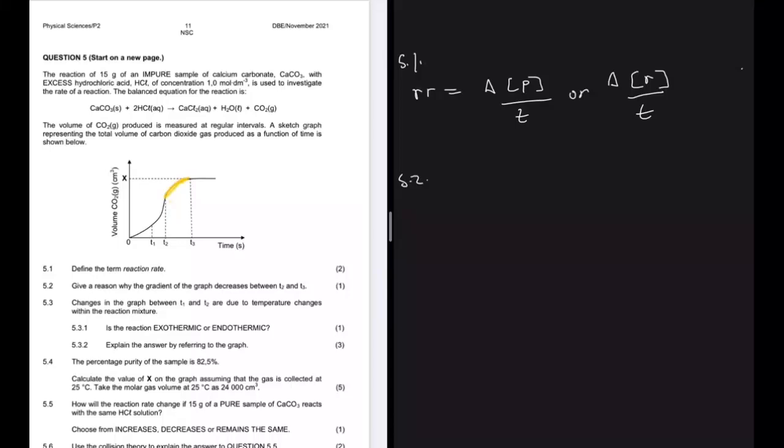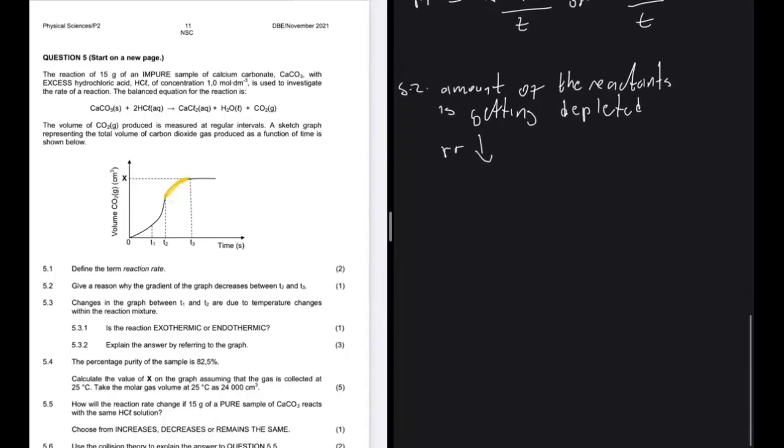So from T2 to T3, the gradient is decreasing because the amount of the reactants is getting depleted, and as a consequence the reaction rate is going down.